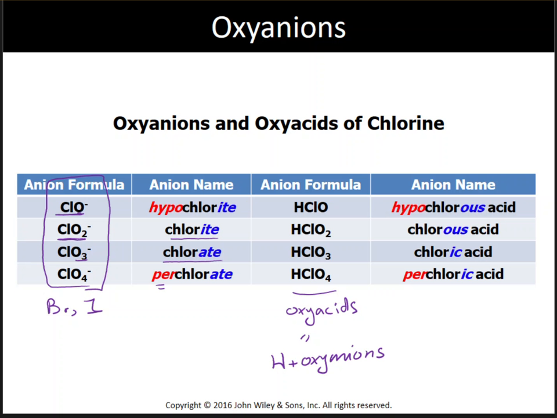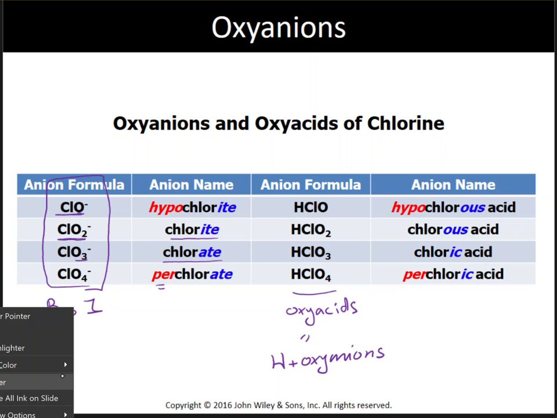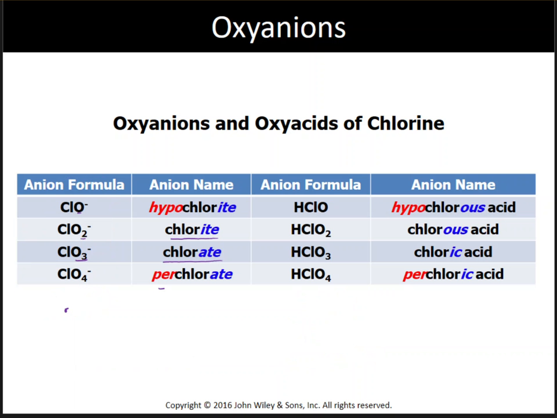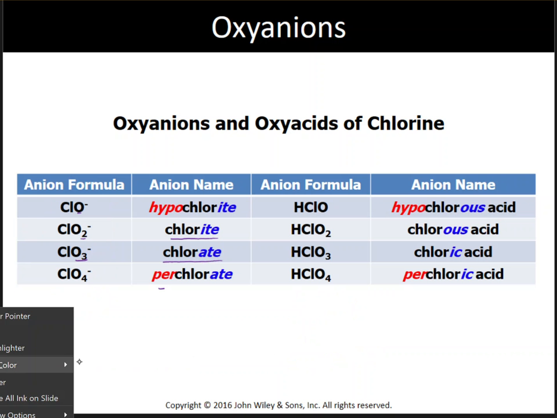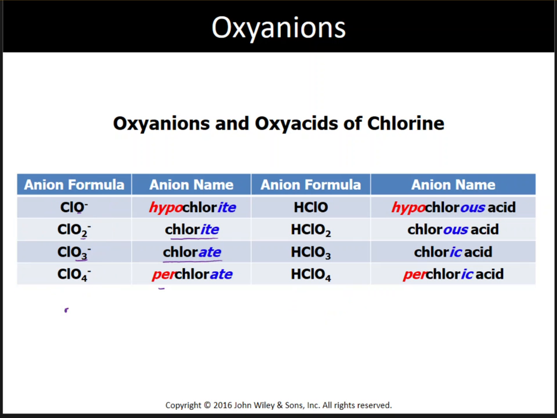Now the rule for naming oxyacids is that if the name of the oxyanion ends with "ate," you're going to add "ic" for the name of the acid.